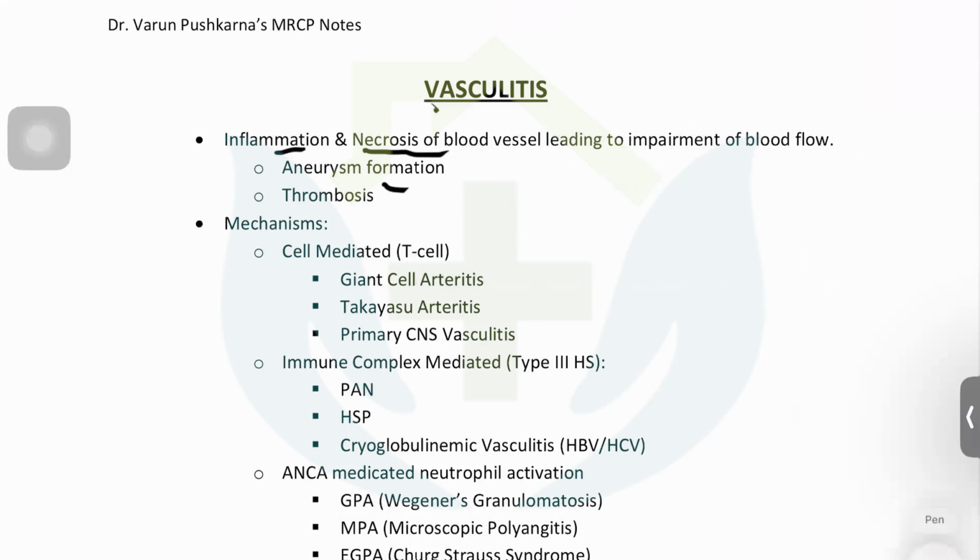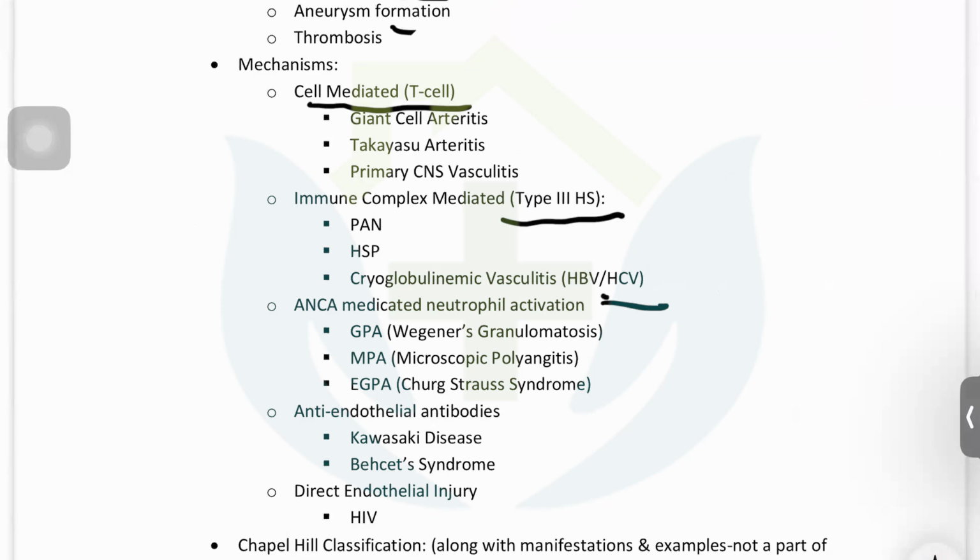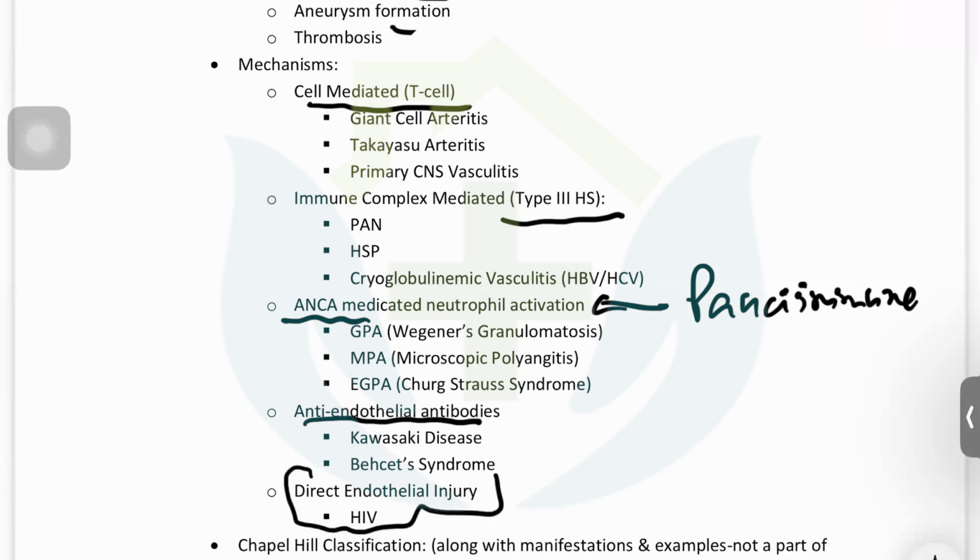Usually, the injury is mediated either by the T cells or by the immune complexes, or it is pauci-immune. Pauci-immune is where you don't find the classical antibodies anywhere, or the classical antigen antibody complexes anywhere. So they are basically ANCA-mediated vasculitis. And then there are certain antibody-associated diseases like anti-endothelial, and then there are certain bad diseases like HIV, which can lead to direct endothelial injury leading to the disease.